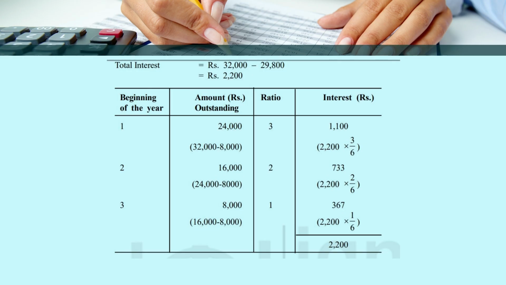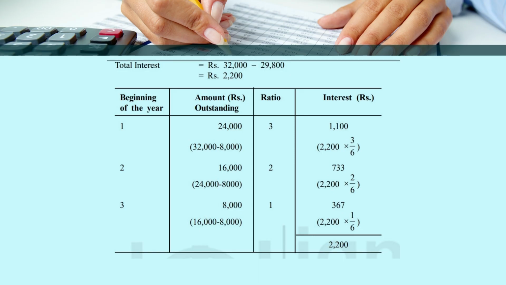So, 2,200 multiplied by 3 divided by 6 gives an interest amount of rupees 1,100, which is included in the first installment of rupees 8,000. Then at the end of the second year, the outstanding amount is 16,000, because another 8,000 rupees were paid at the end of the second year.